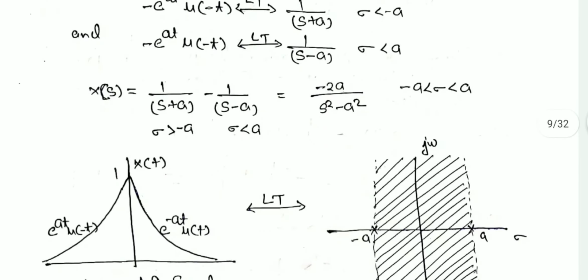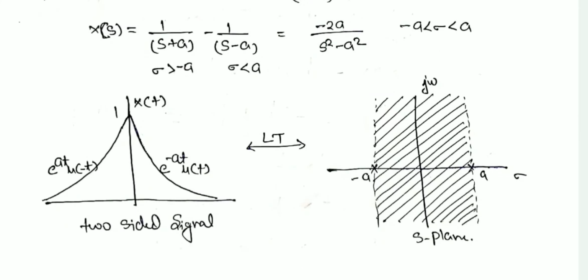When we plot the signal x of t, it is a two-sided signal. This part is left-sided and this part is right-sided, and we know from the property of ROC that a left-sided signal has a left-sided ROC, and a right-sided signal has a right-sided ROC.